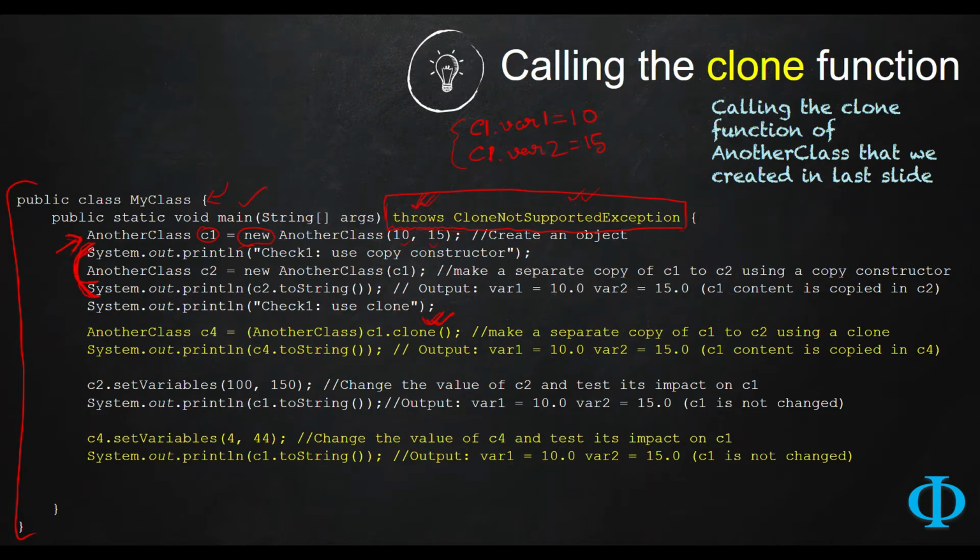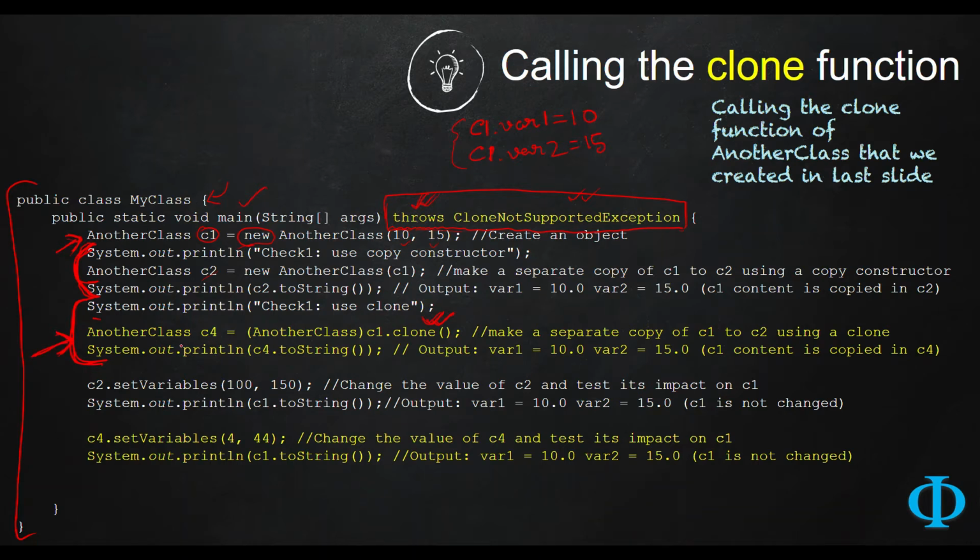This is the same code that I have explained earlier. This is the copy constructor, how to copy the content of C1 into C2 object. But anyway, in this video, focus on this part of the code where I am basically checking the clone function, basically calling the clone function.